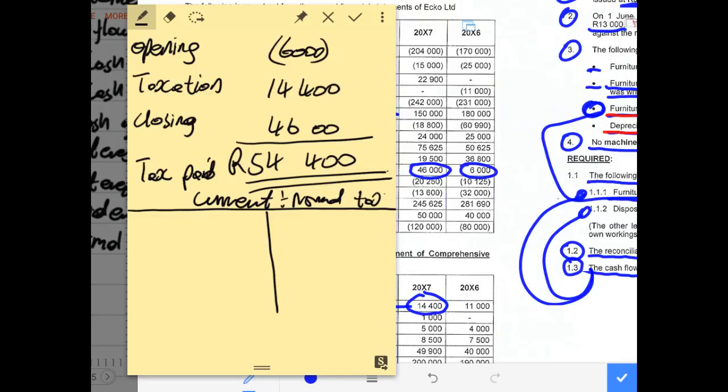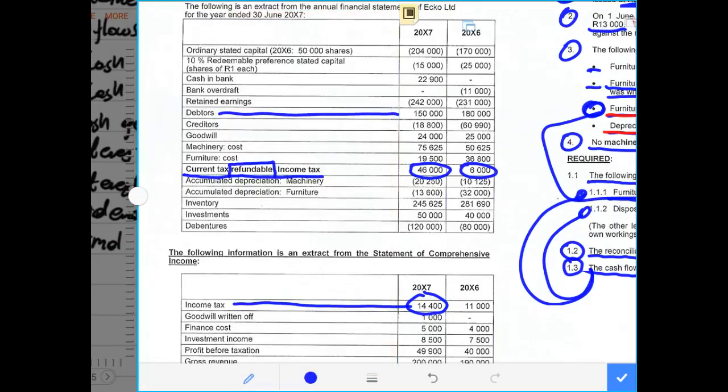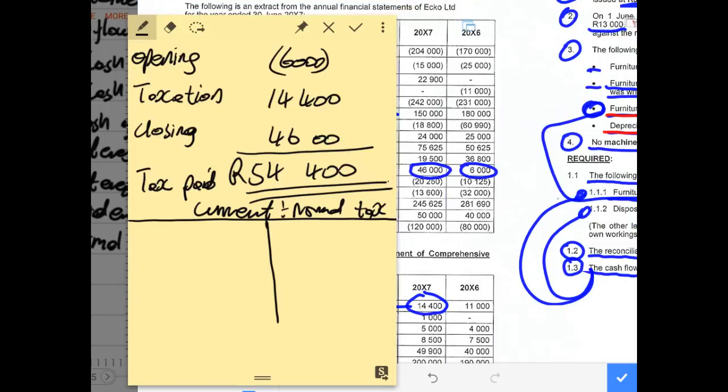Normal tax. Our current tax, normal tax, remember in the statement of financial position, is an asset. If it is an asset, it means the opening balance, which is 6,000, will be on the debit side. And the closing balance, the balance carried down, remember, for an asset is on the credit side.